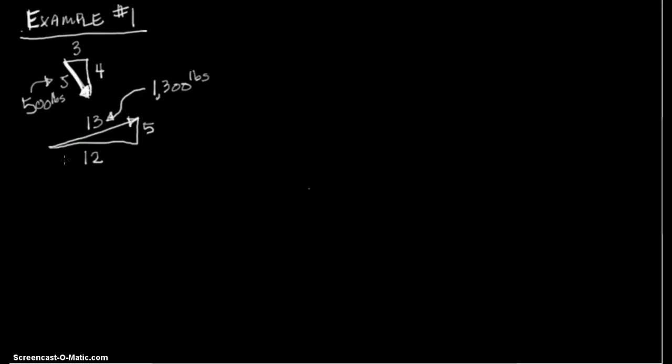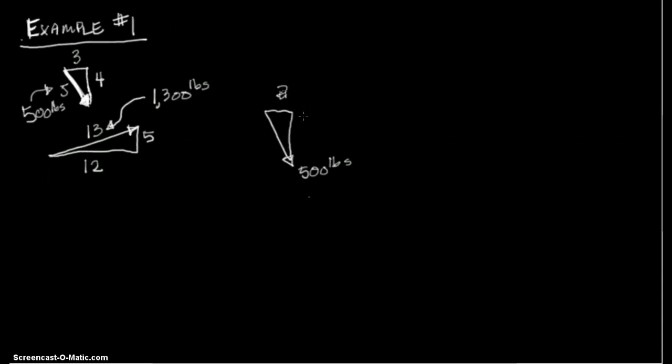What you do is you put the two ends of the vectors together, with these force vectors as you might call them. You have this 500-pound force right here. Let's go 500 pounds, and that's at this angle, which is a 3, 4, 5 triangle.